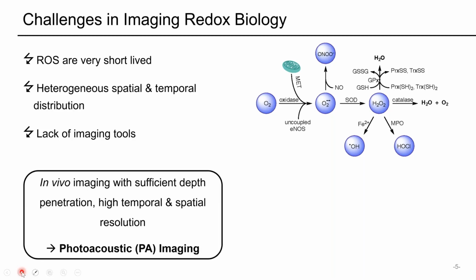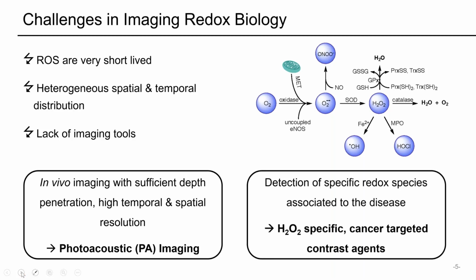One was to use an in vivo imaging modality with sufficient depth penetration and high temporal and spatial resolution, which we decided to be photoacoustic imaging. And then the other one was to find a way to detect one specific reactive oxygen species associated with cancer. Here we wanted to focus on a contrast agent detecting hydrogen peroxide, as hydrogen peroxide is one of the most abundant reactive oxygen species with a rather long half-life.